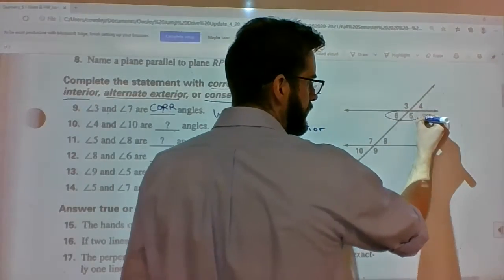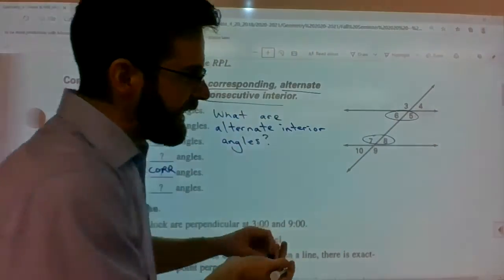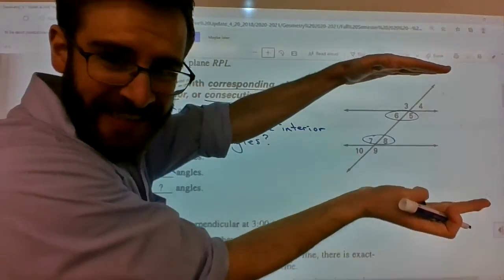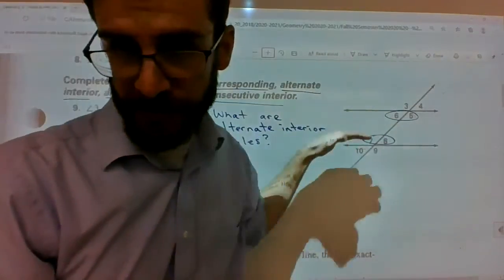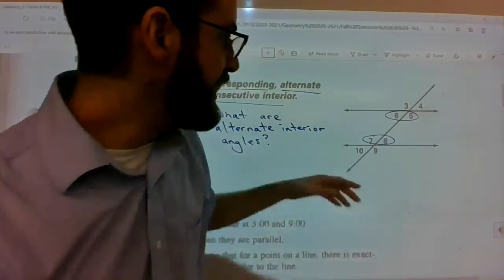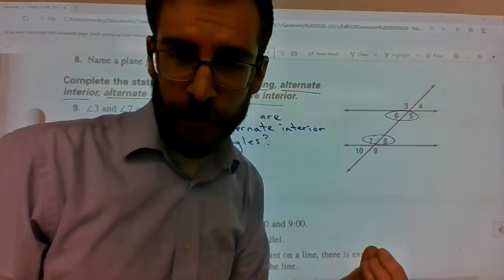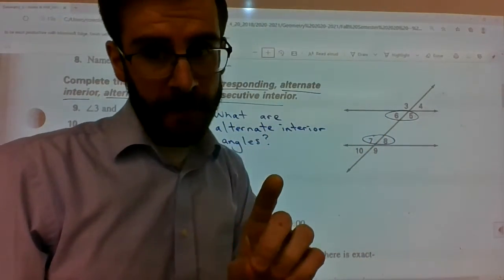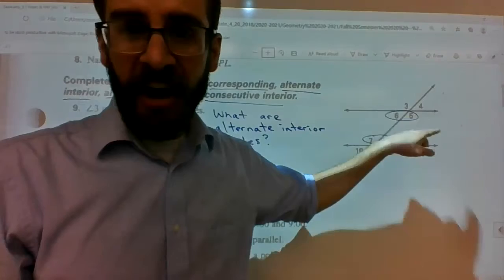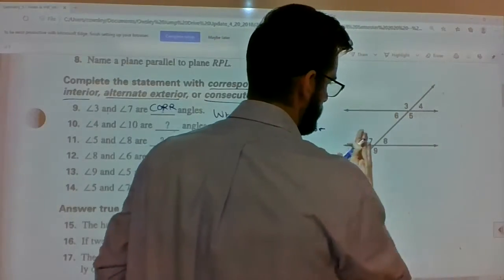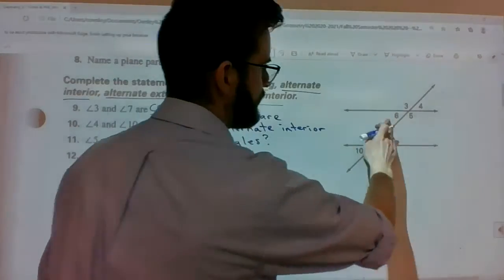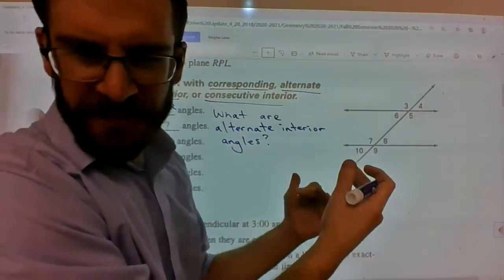These and these are the angles that are sandwiched inside of those 2 lines that appear to be parallel to one another. These are the interior angles. Now, 6 and 5 are not alternate interior. You got to think of it more in terms of diagonal.